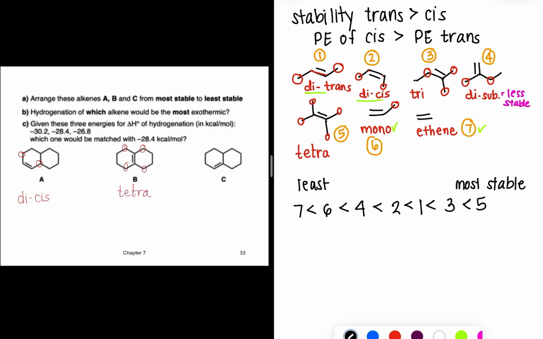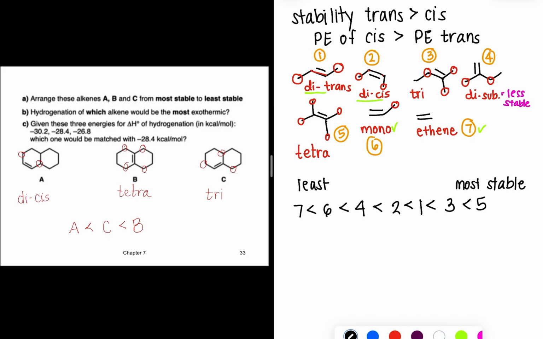C is tri substituted. So if I had to say which is the least stable, we'd have A, which is less stable than C, which is less stable than B.